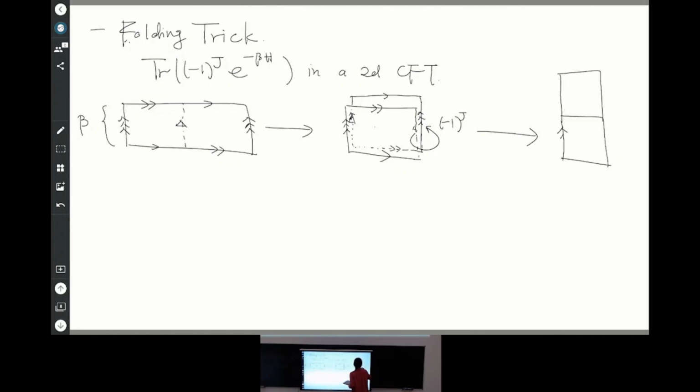It's a bit confusing in this second picture in the middle what happens with the gluings on the vertical lines. Let me label the edges here.